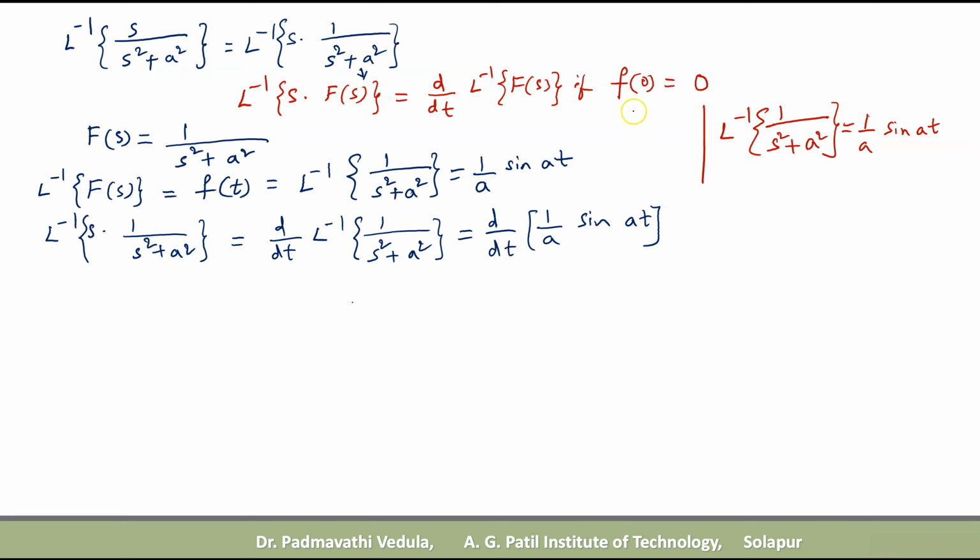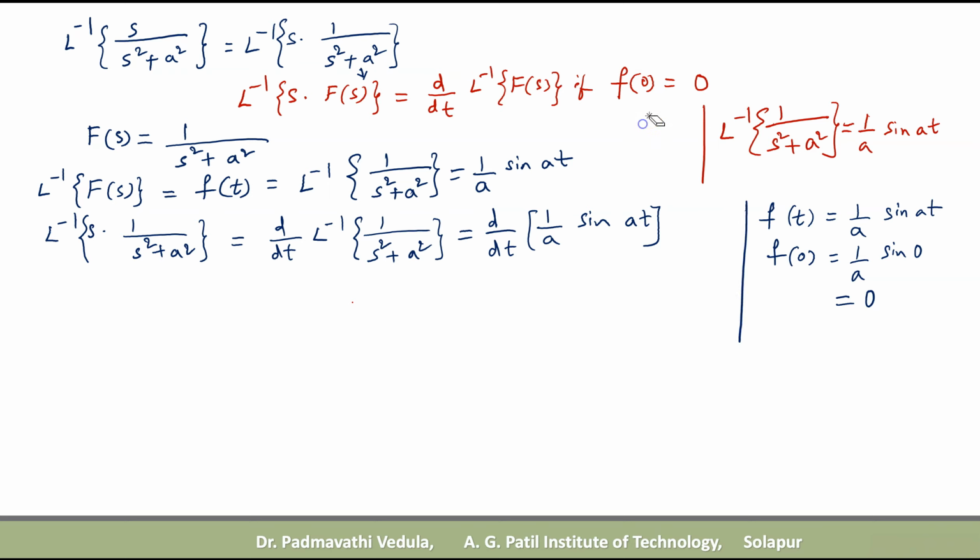Here this condition, f of 0 equal to 0: here f of t equal to 1 by a sin at. Now f of 0 equal to 1 by a sin 0. As the value of sin 0 is 0, you get 0. So this condition is satisfied, f of 0 equal to 0.